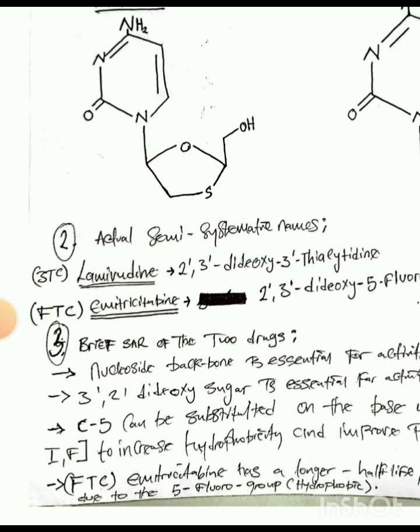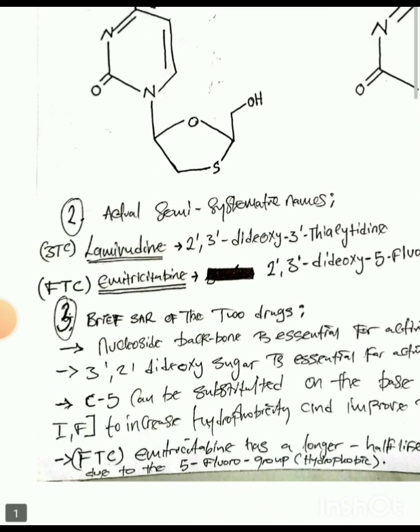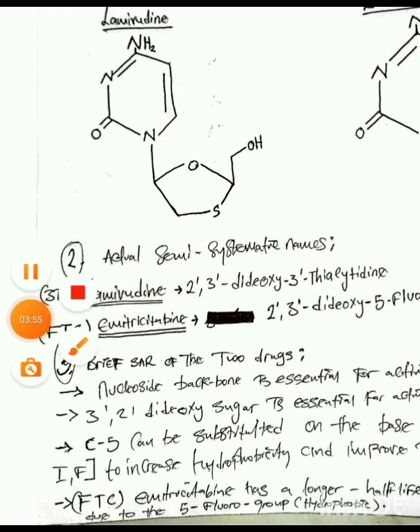The 3 prime thiol is extracted from this substituent at 3 prime position, the sulfur group. So that is the 3 prime thiol. And then lastly, the cytidine is the sugar and the base. So the base in question here is cytosine.